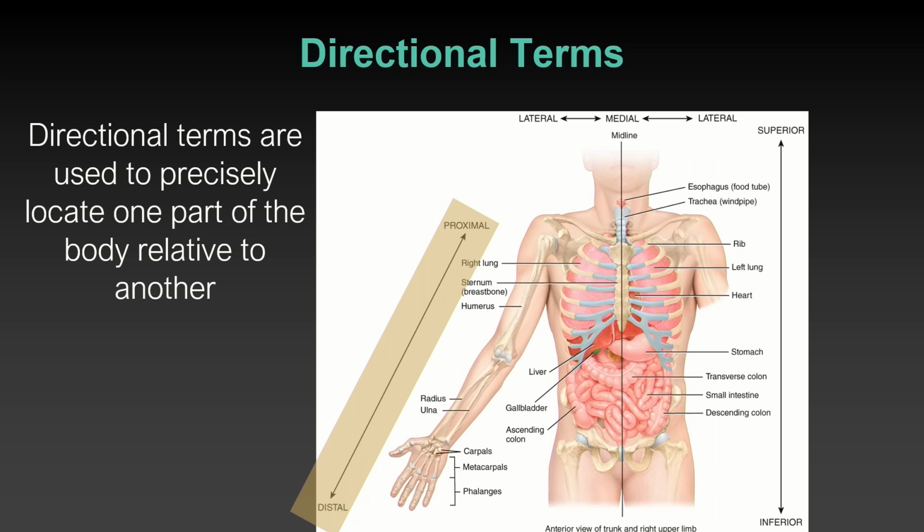If something is distal, it's further from the core. My fingers are distal to my elbow. My shoulder is proximal to my elbow; it's closer to the core. Proximal and distal are a pair that describe towards or away from the core.